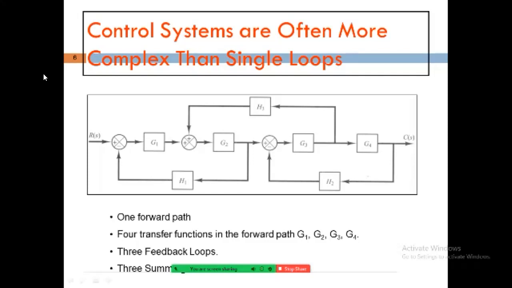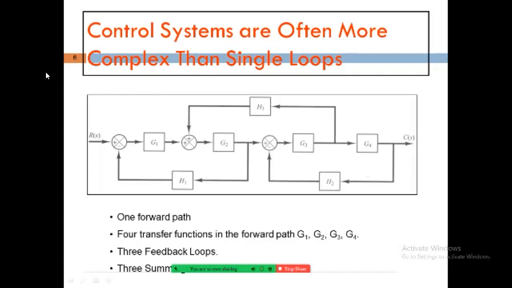Here, if we are going to discuss the input and output of the system, then it will be considered as a single forward path. Beyond this, the four transfer functions in the forward path will be noted as G1, G2, G3, G4, and some reverse paths will be considered as H1, H2, H3.